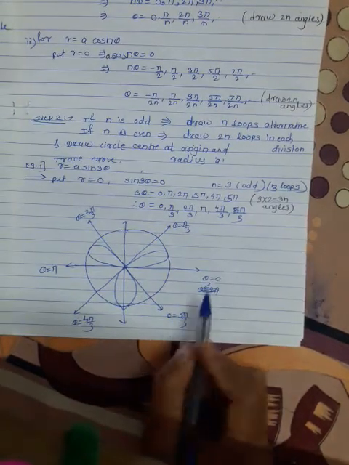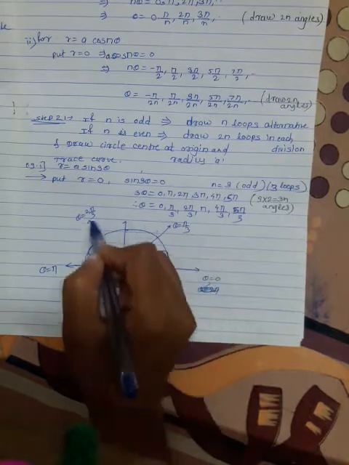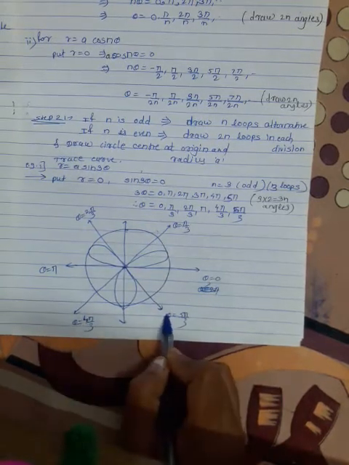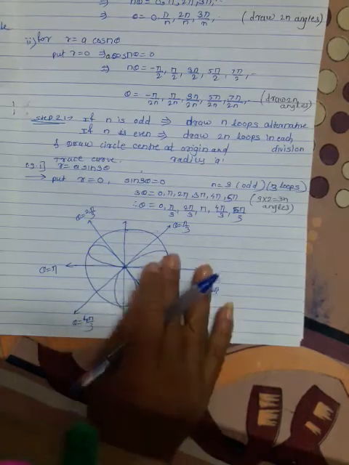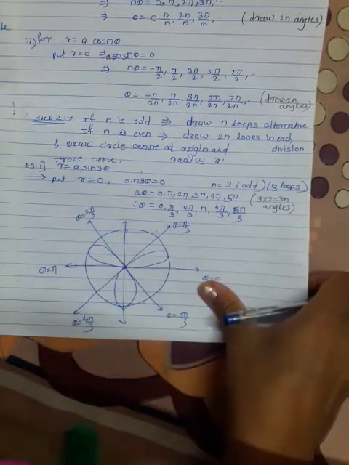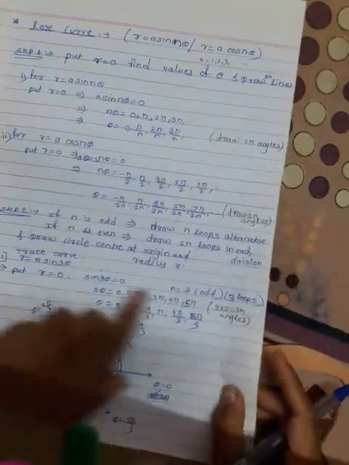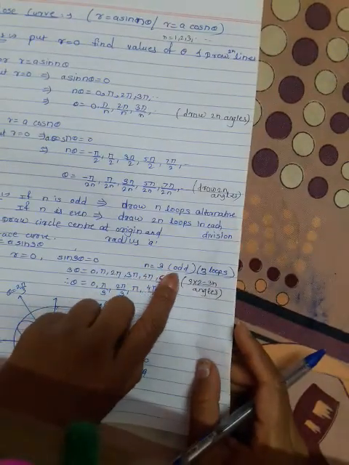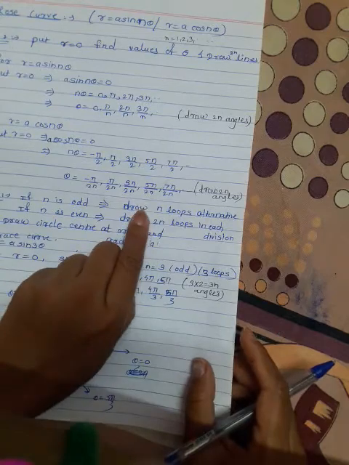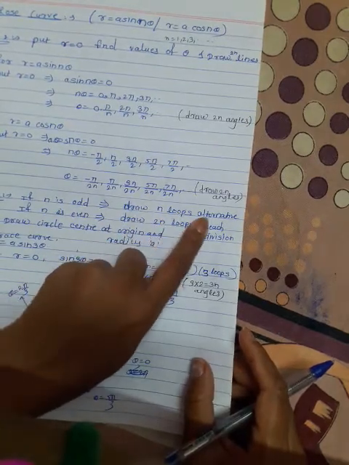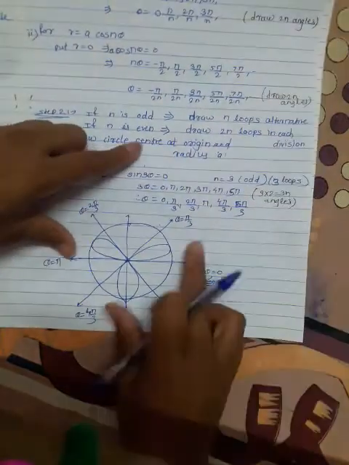We have these 6 angles: 1, 2, 3, 4, 5, 6. We have to consider these 6 lines only, apart from the x and y axis. Now what do we have to do? N is odd, so the theory says we have to draw 3 loops here, n loops alternatively. Alternative means there are 6 divisions.